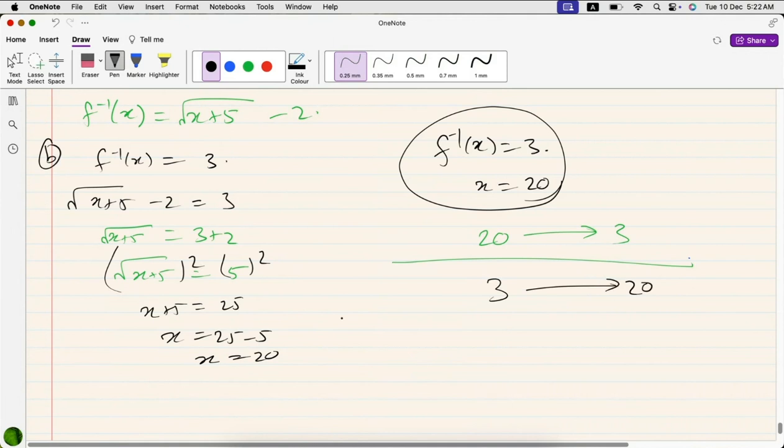Does that make sense? In the inverse, we substitute 20 to get 3, and in the actual f of x, it's 3 to get 20. Once we solved, now I know that in f inverse, 20 gives 3. So the other way around, in f of x, we should substitute 3 and get 20.